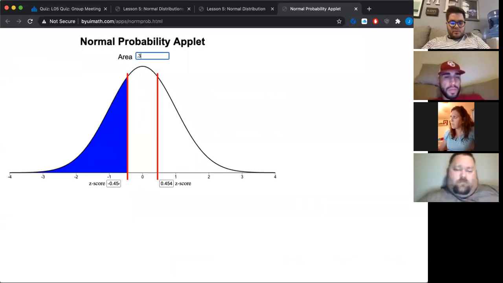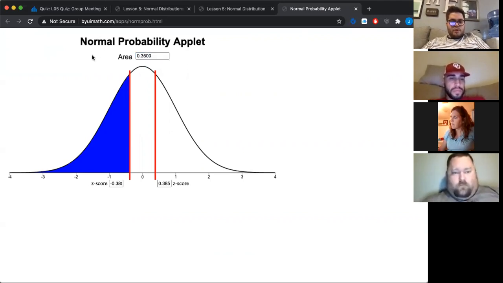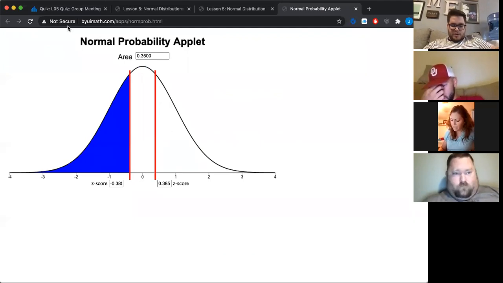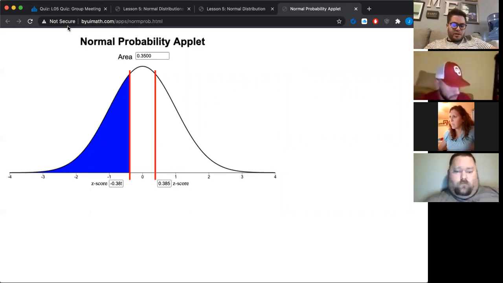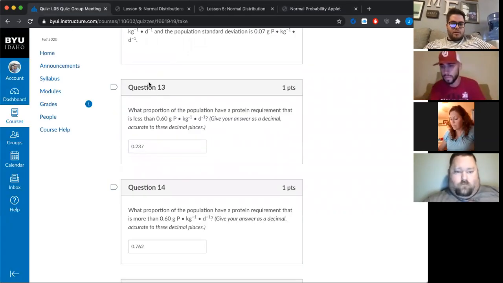Or wait, no, I did that wrong. There we go. So then it was 0.385. Is that what you have? Yeah. Okay. Sorry about that. Negative 0.385, right? Yeah, times 0.07 gives us 0.02695, but then we're going to add the mean.